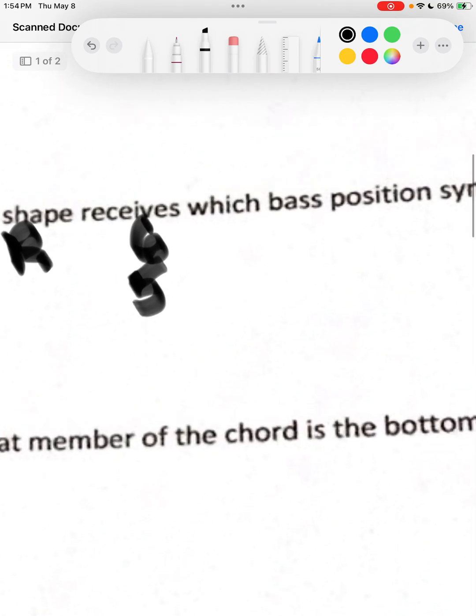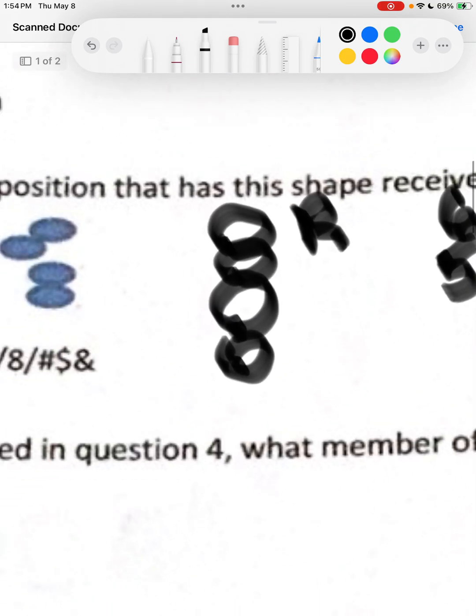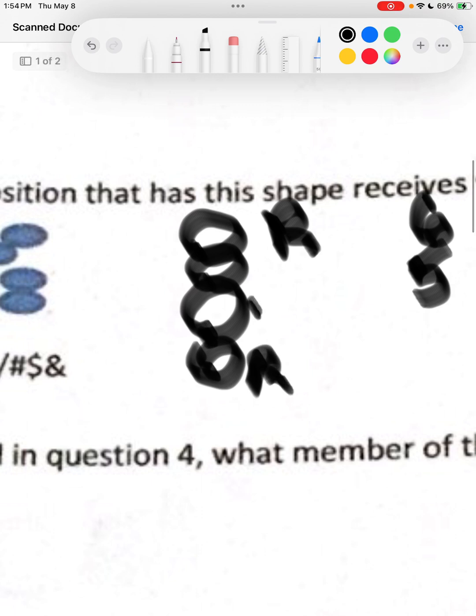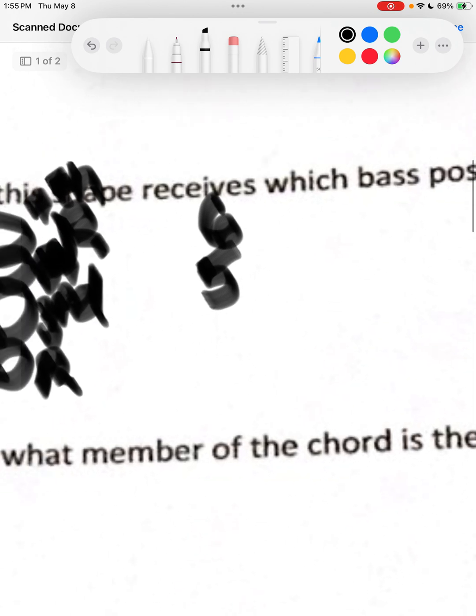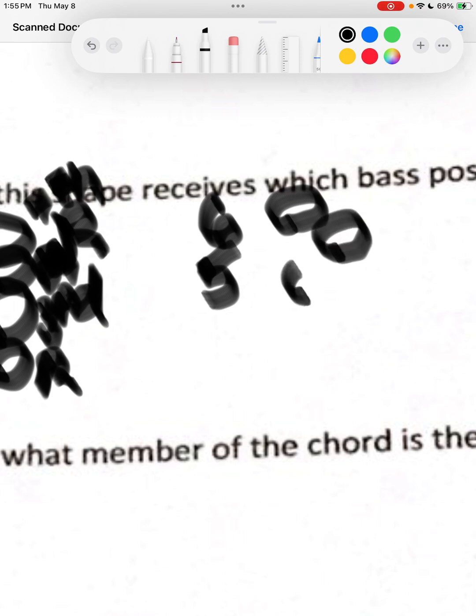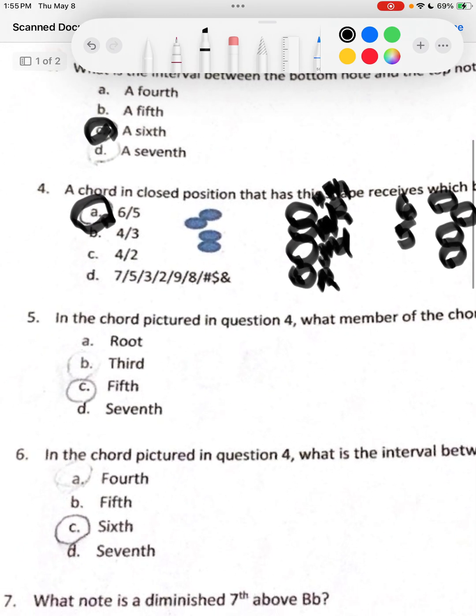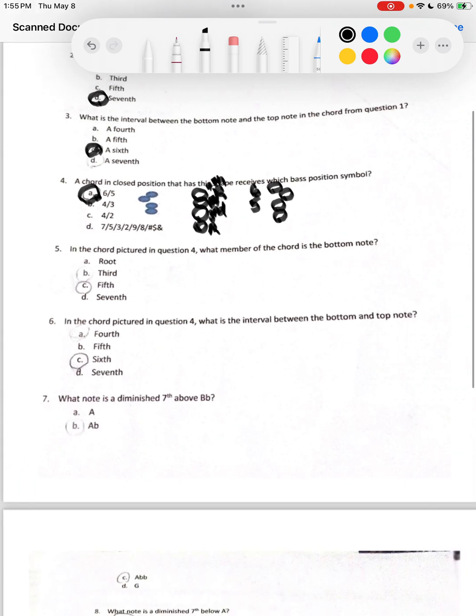So it's root, third, fifth, and 7th, going in that order. So my root has to shift up a little. So the third has to go here. Alright, so the fifth and the seventh. So the seventh and the fifth goes here, so it would have to be the fifth. That's the question that pertains to that one.